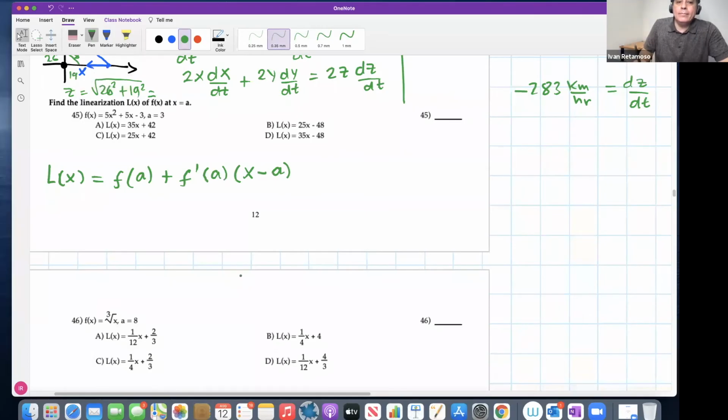Is this the formula, right? Now, our base point is 3. So we're going to do the evaluation of the function at 3 plus the derivative evaluated at 3 multiplied by x minus 3, right? This will give you the linearization, this linear function that can approximate this curve locally around this input value 3.